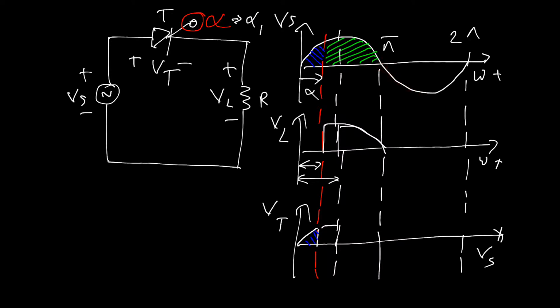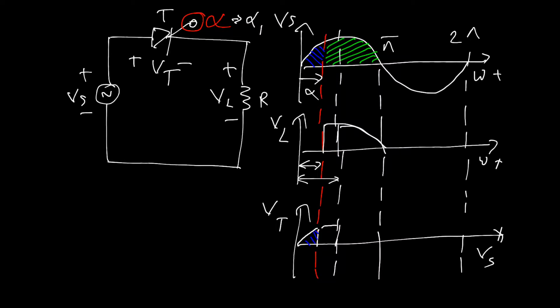Once the thyristor is in reverse biasing condition and the current is 0, this is a kind of natural commutation, through which the thyristor is switched off automatically when the reverse cycle starts. So this is all about the conduction case of the thyristor, and how the load voltage appears across the load. This is the actual reason.